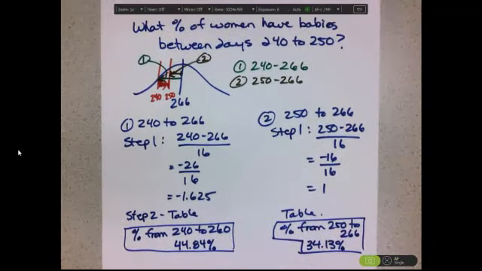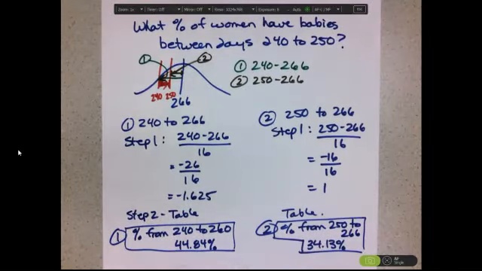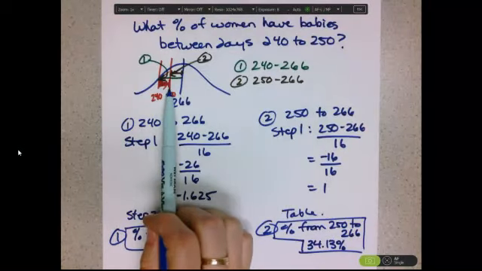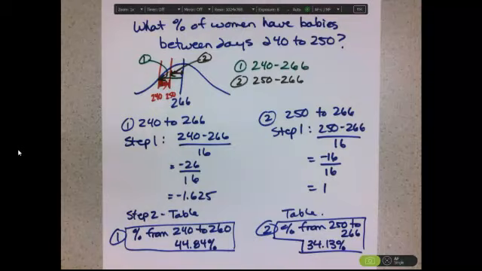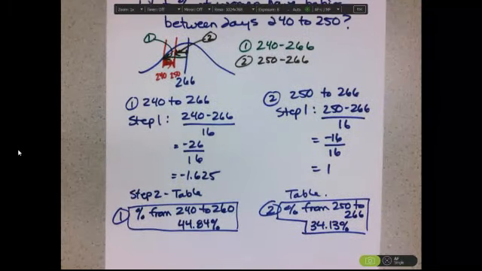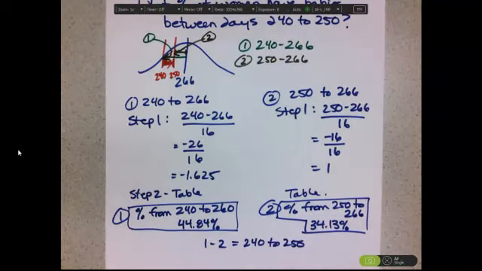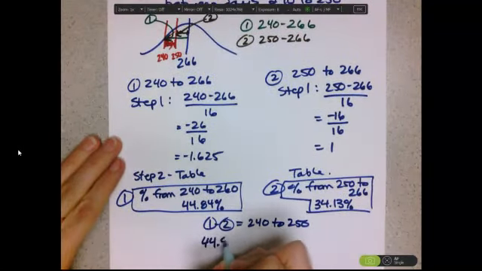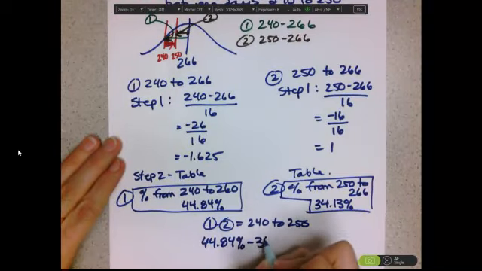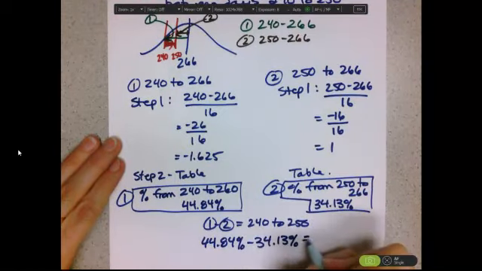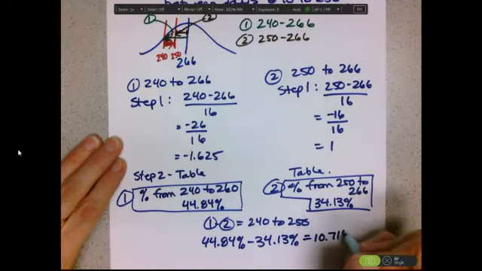So now we have these two chunks. Here's step 1, going from 240 to the mean. Here is step 2, going from 250 to the mean, which is 266. To figure out the remainder, we subtract 2 from 1. So 1 minus 2 gives us the values from 240 to 250. That's 44.84% minus 34.13%, which equals 10.71%.